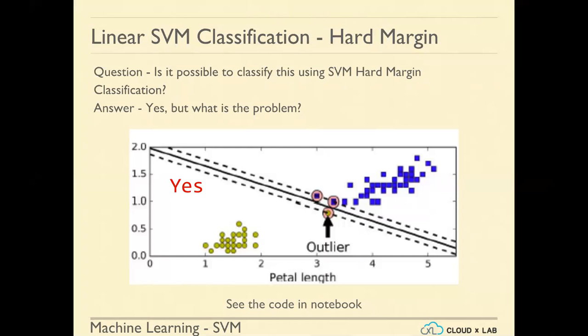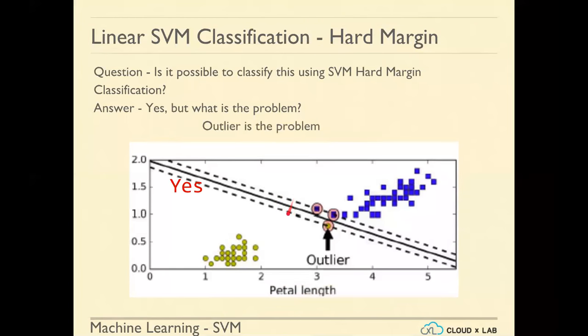Correct. The data points on the line. This street size is really small. The support vectors are really close to each other, and hence the model will not generalize well.